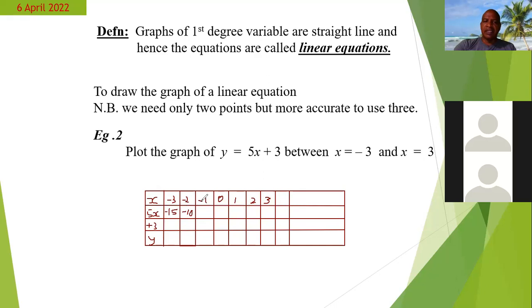Then 5 times -1 gives -5. 5 times 0, you get back 0. 5 times +1, you get 5. 5 times 2, you get +10. And 5 times 3, you get +15.